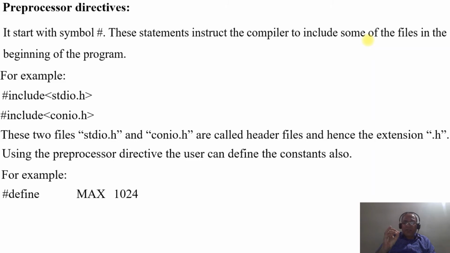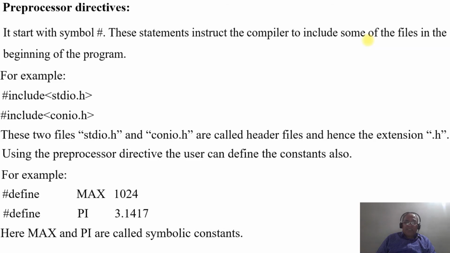Whenever you encounter it anywhere within the main program, since you are defining the max value once in the preprocessor directive, the advantage is that it will be able to take that constant anywhere in the program. And then #define PI 3.1417. So this is about the preprocessor directives.